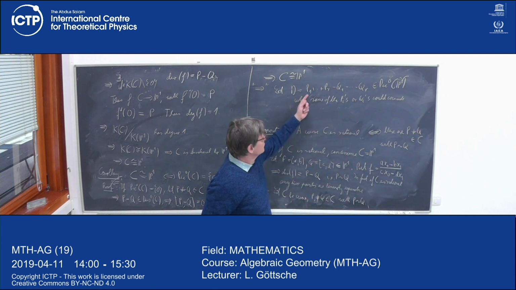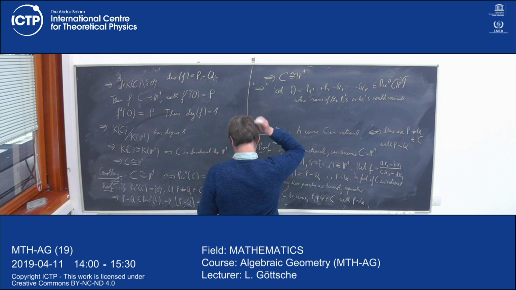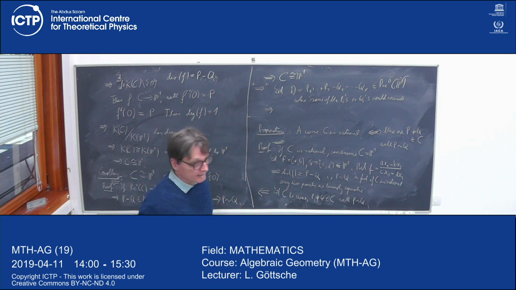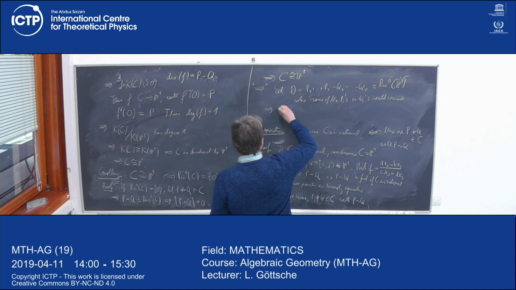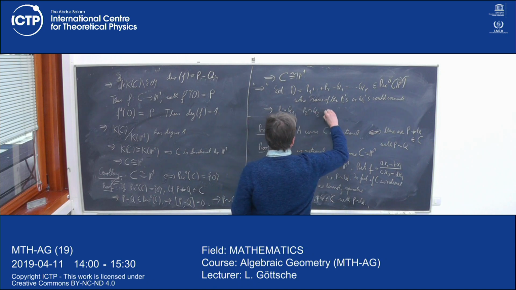If it's P1 plus P1, it's 2P1. Okay. So then we know by our assumption that on P1 any two points are linearly equivalent. So then it follows that P1 is linearly equivalent to Q1, P2 is linearly equivalent to Q2, and so on.